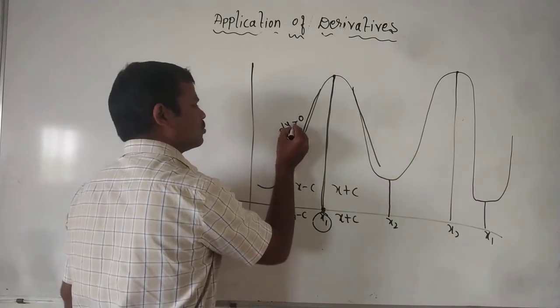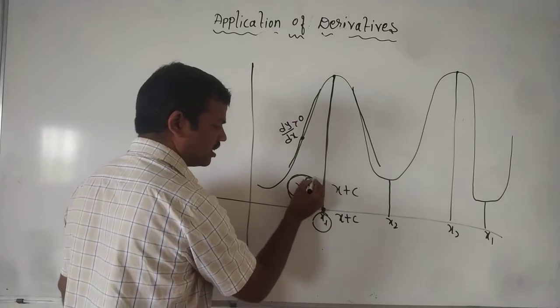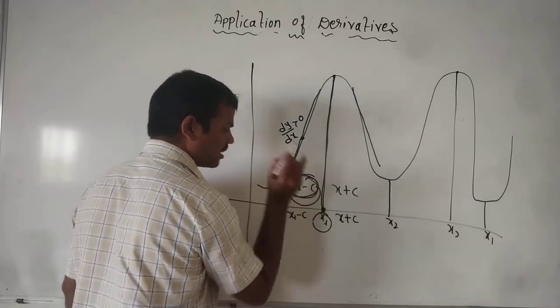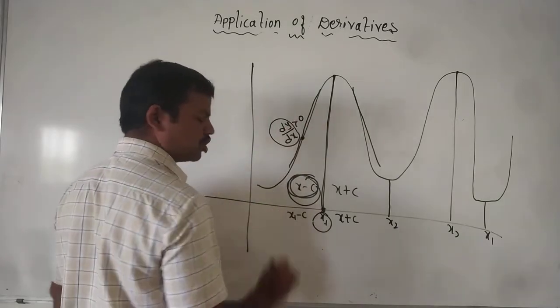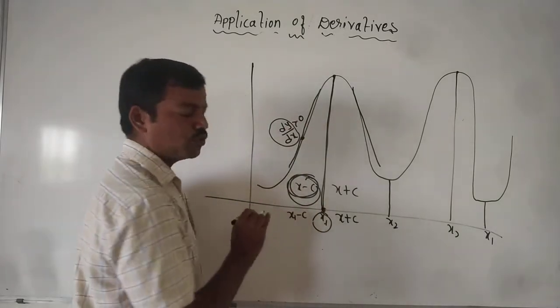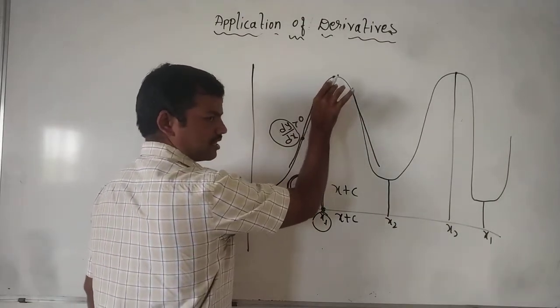Suppose to the left of this x1, at x1 minus c, the first derivative is positive, then we say that the function is increasing.